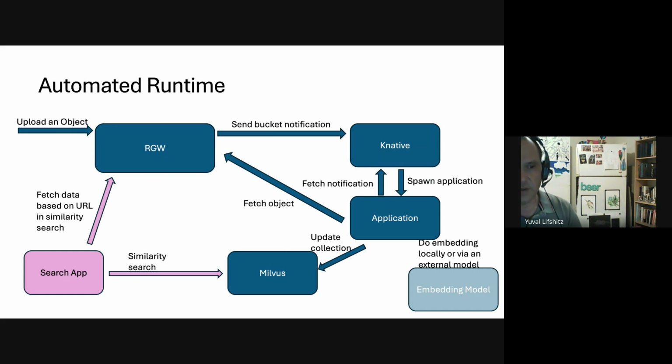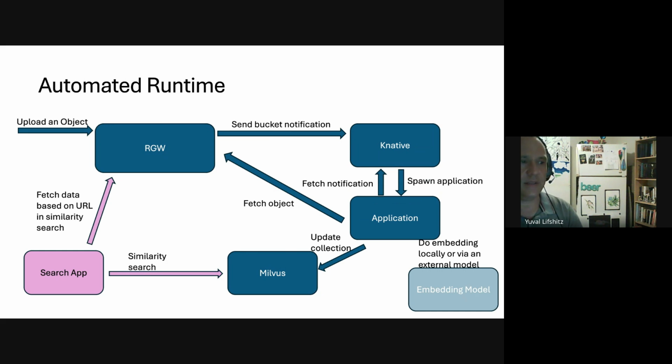And then once it does the embedding, it can update the collection in Milvus. At some other time, there'll be a search app, and this is kind of outside of the scope of what we're describing here. This search app, when it wants to do a similarity search on something, does that with Milvus.